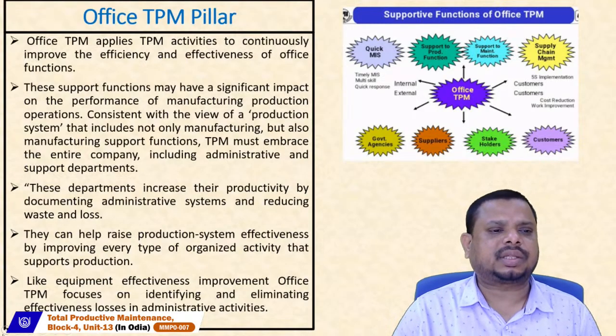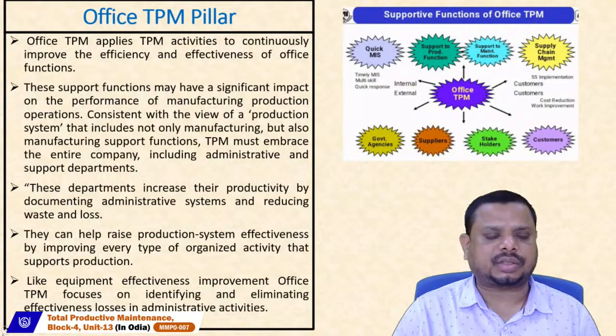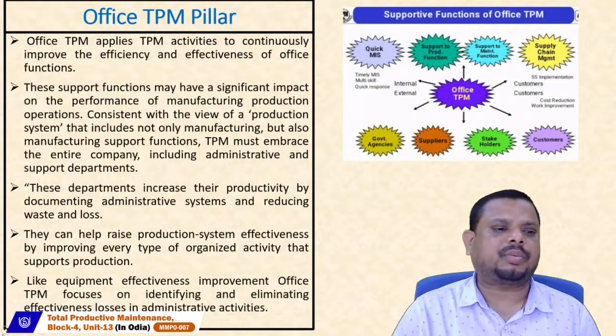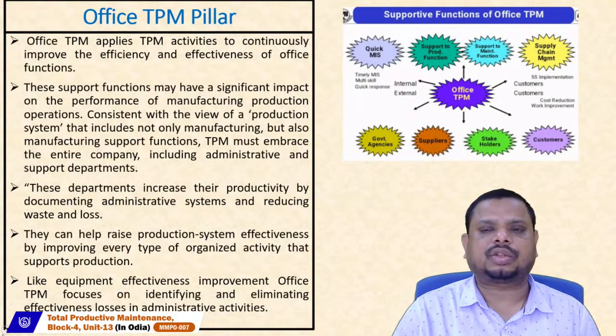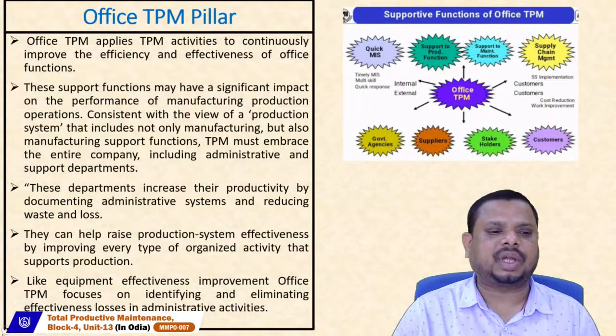In these cases, these support functions may have a significant impact on the performance of manufacturing or production operations, consistent with the view of a production system that includes not only manufacturing but also manufacturing support activities, especially in reference to internal customers, and they also provide supportive service for administrative and other departments.